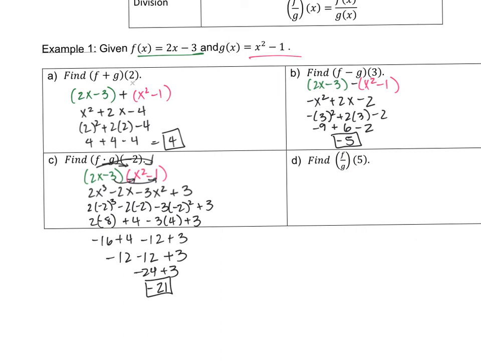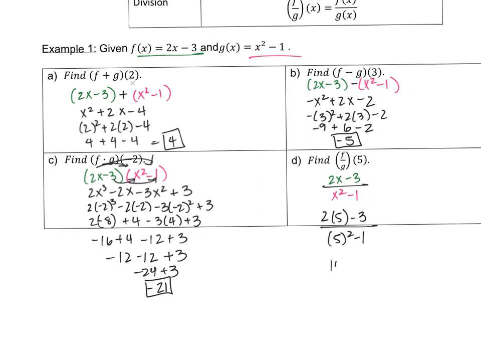All right, and last but not least, I have this one here for division. So that equation was my 2x minus 3 over my g, which was x squared minus 1. And in this case, I'm plugging in a 5 into this equation, so both x's get a 5. If I work this out, that would be 2 times 5 minus 3 over 5 squared minus 1.